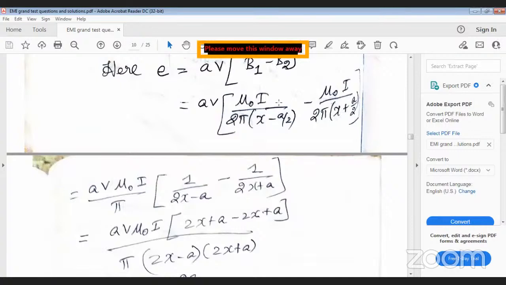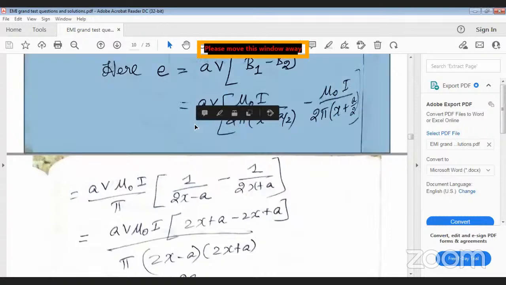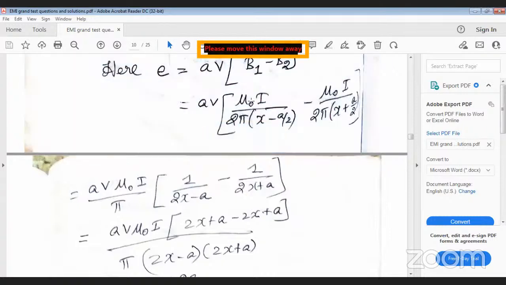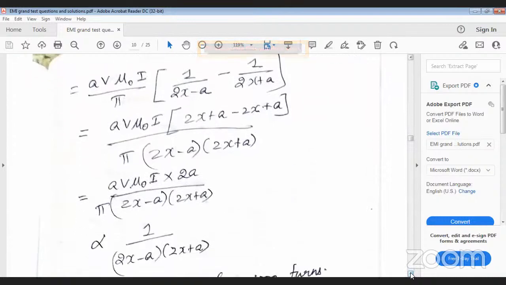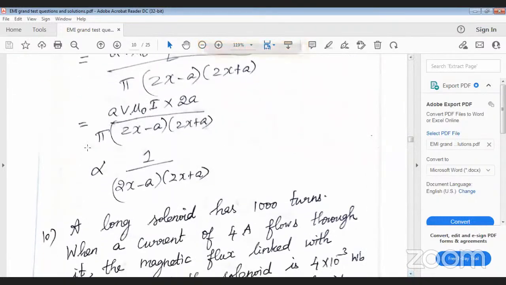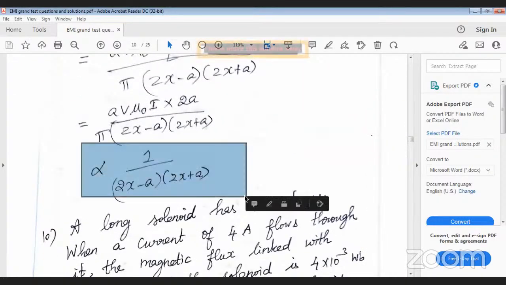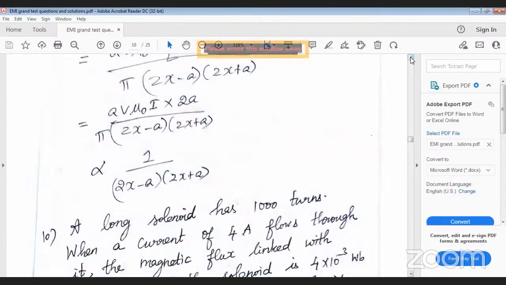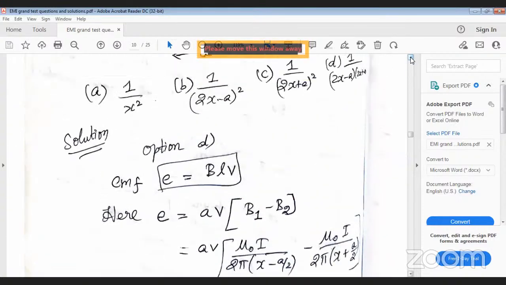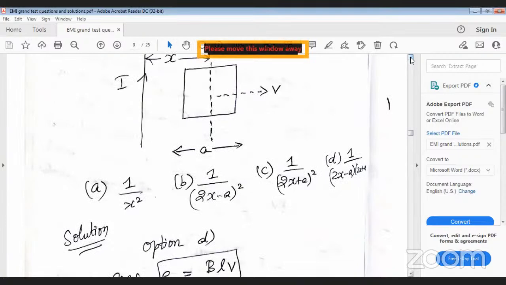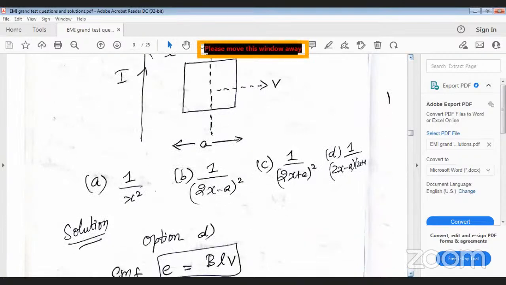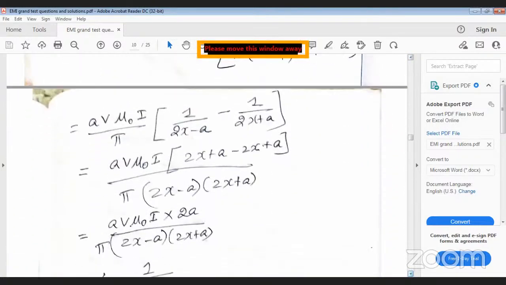When you simplify this, you can take 2 pi as common outside, and you will have mu naught I by x minus a by 2 minus mu naught I by x plus a by 2. When you simplify this, you will get a relation proportional to 1 by 2x minus a into 2x plus a. Like that you can arrive at the solution. Option D is the right answer. This is how you need to find it.